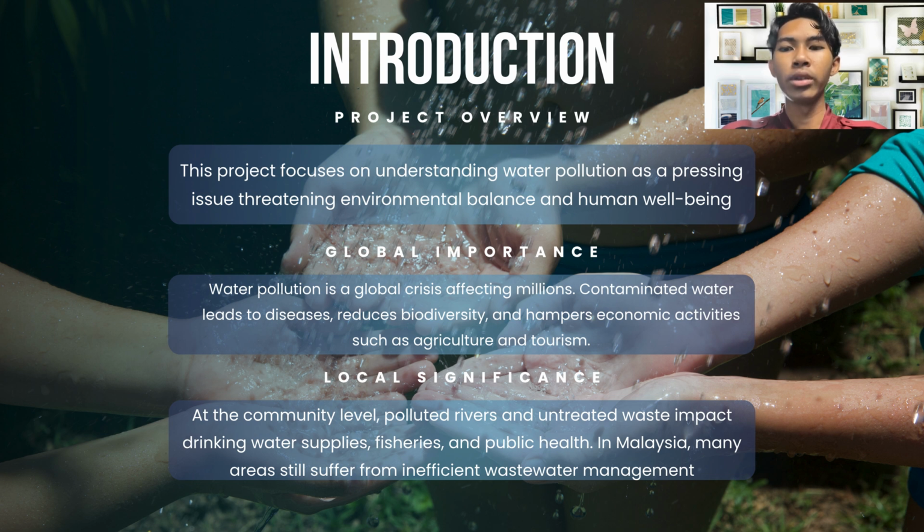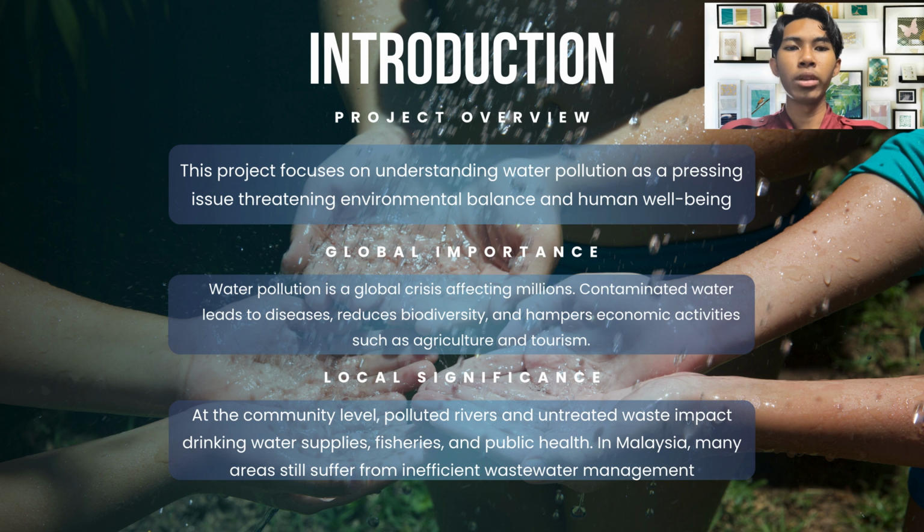Our project is designed to tackle this pressing issue by aligning our approach with the United Nations Sustainable Development Goal 6, which is to ensure the availability and sustainable management of water and sanitation for all by the year 2030.